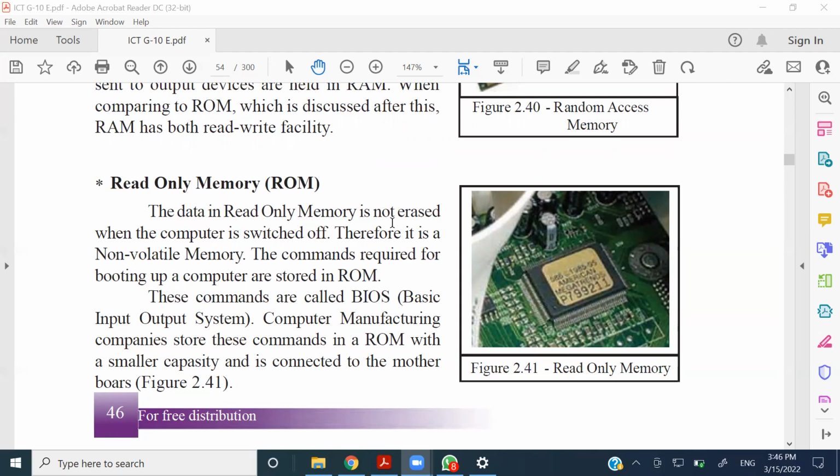But to make sure the ROM doesn't forget anything, on the motherboard they use a small battery to power up these ROMs all the time, right? So it doesn't matter whether the computer is connected to the main power supply, it remembers everything because the ROM is given power by a small battery.